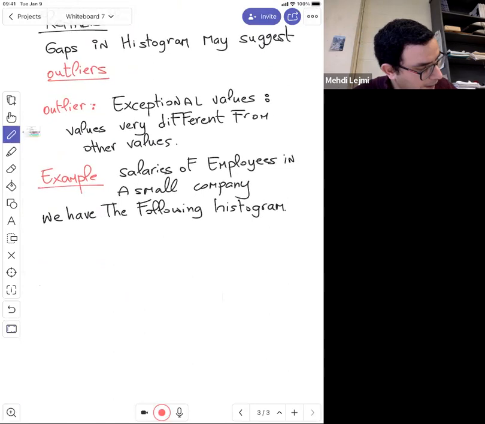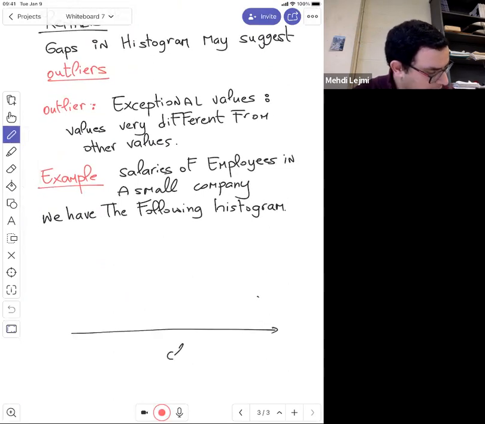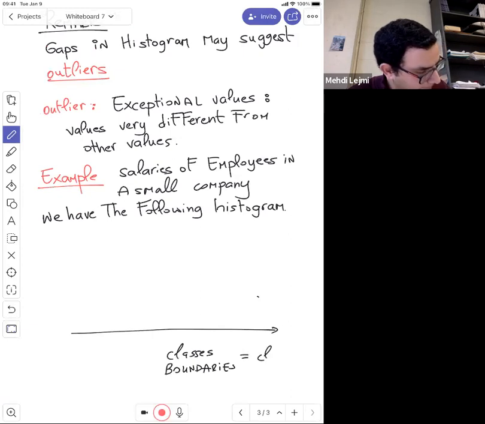You have your class boundaries, which of course are supposed to represent the salaries, right? And then you have the frequency here.